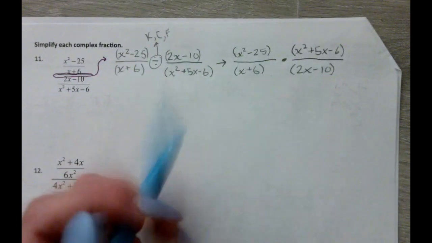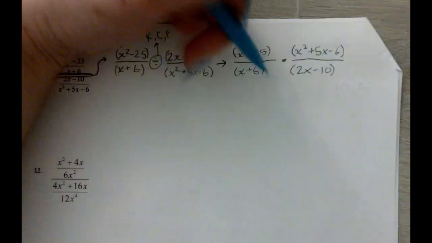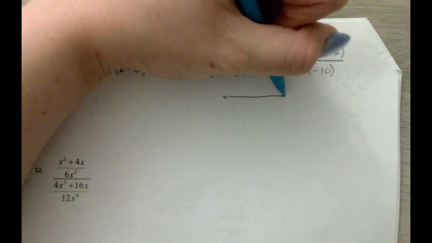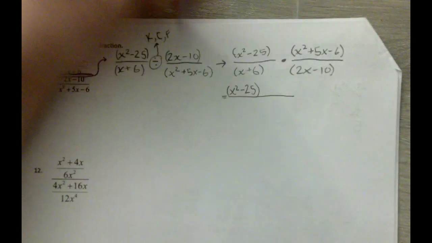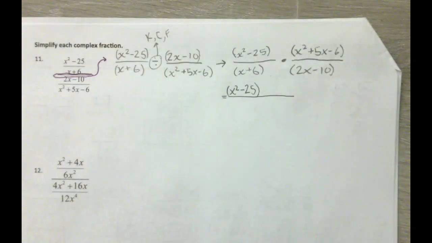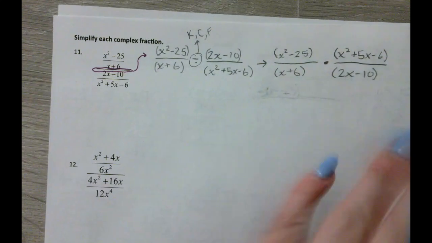Now that this is multiplication, we can start simplifying and canceling like we have been this whole time. So, change this to one big fraction. Actually, let me backtrack. Just for space, if you remember, I do like to start on the left side over here, just to give myself as much space to work with as possible.